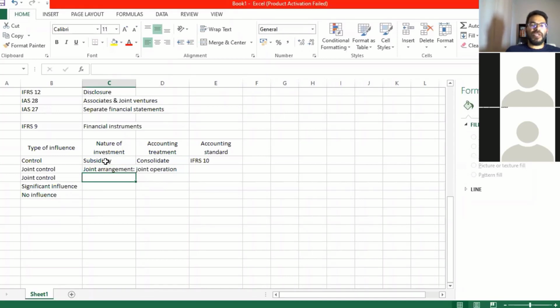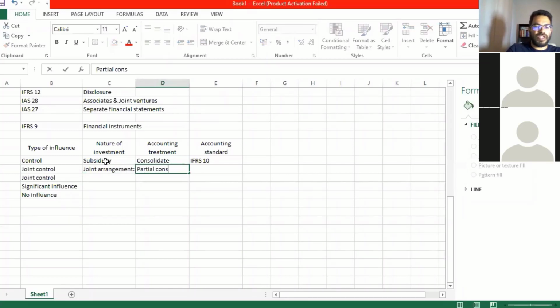A joint arrangement, one of it is a joint operation. If you have a joint operation, then the accounting treatment is partial consolidation, where the accounting standard that we'll use for that is IFRS 11.